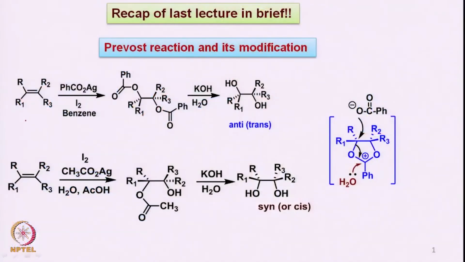As shown on this slide, we start with an olefin like this, and in the presence of silver acetate and iodine we get eventually a trans or anti-diol.